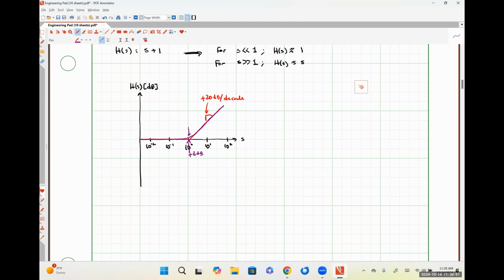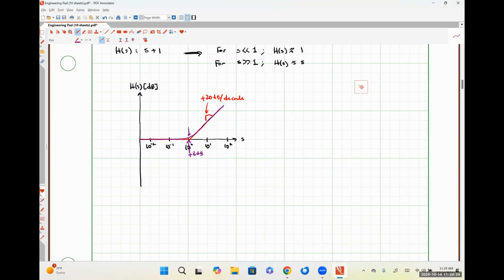So effectively, high frequency signals in this case are amplified while lower frequency signals are left alone. This would realistically be more akin to an active high pass filter, just because we have a gain here, right? So this is no longer sitting at 0 dB, so we have to have some amplification in order to make our output signal larger than our input signal in that region.